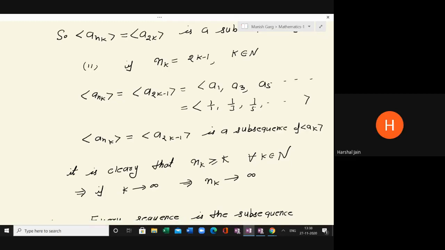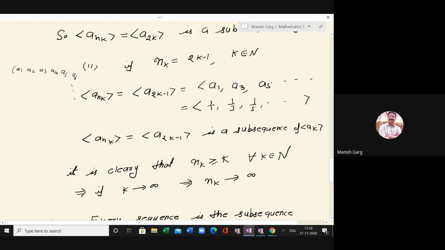Sir, is it necessary to follow a specific pattern for the terms, or is increasing also fine? Look, the definition must be true. The definition says the terms must be in increasing order. Suppose you have A1, A2, A3, A4, A5, A6, A7, infinite.